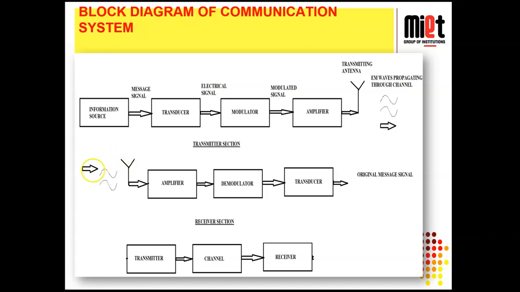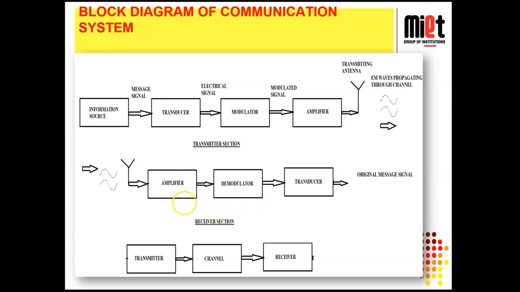So here the antenna will receive your electromagnetic wave and convert it into an electric current, and after that your signal is very weak. So for that an amplifier is connected here. What does the amplifier do? The amplifier just increases the amplitude of your received signal, not the message signal, because the signal has the message as well as the carrier.